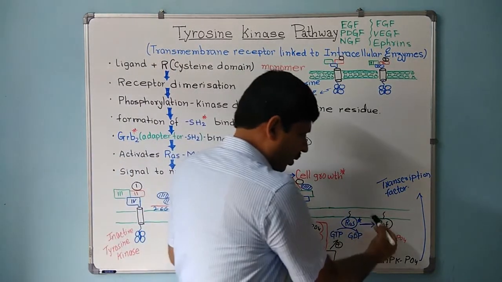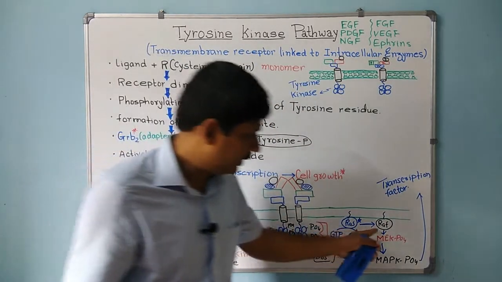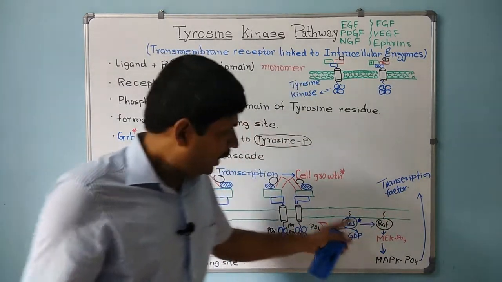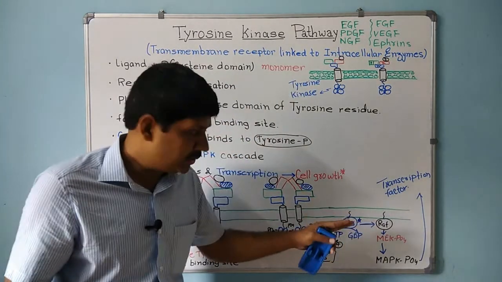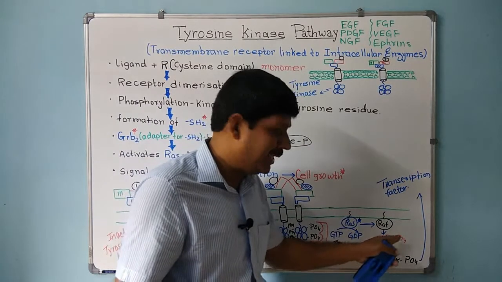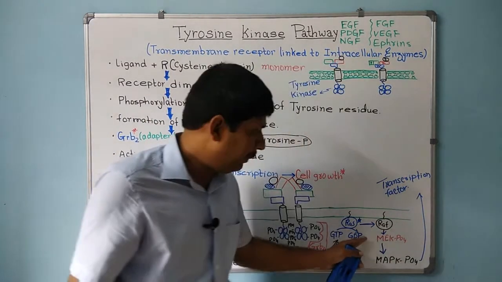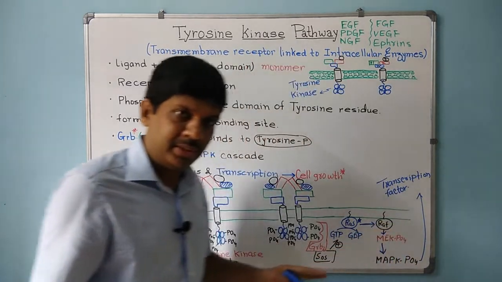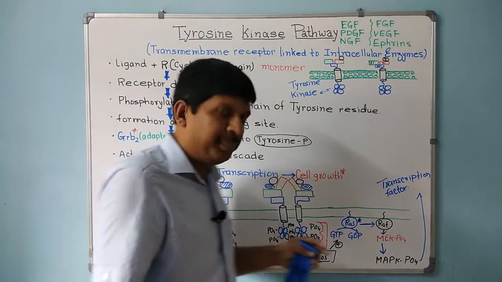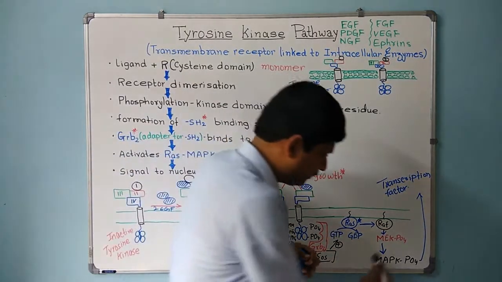That in turn will cause the activation of RAF. Now this RAF will again cause the activation of MEK. MEK is what? This is MAPK ERK kinase phosphate. You can find the full form down. MAPK is a mitogen activated protein kinase.